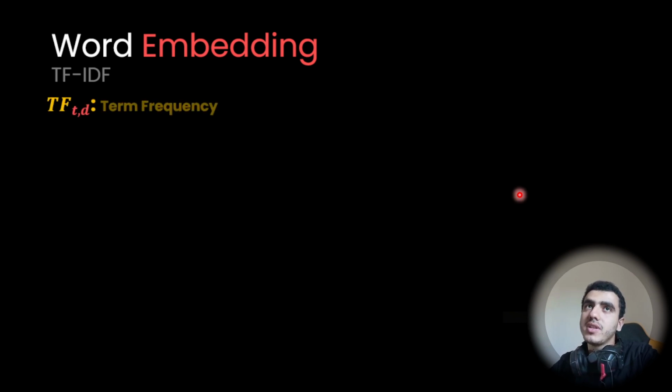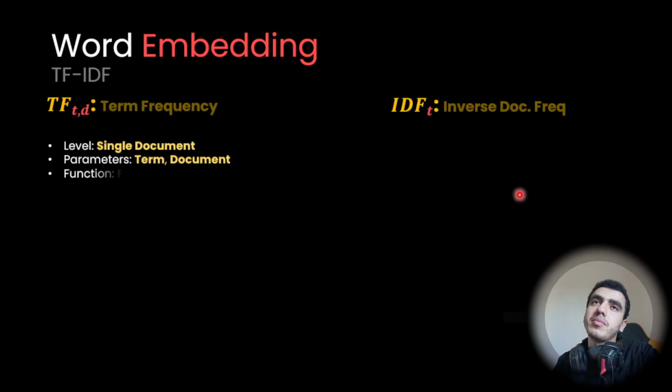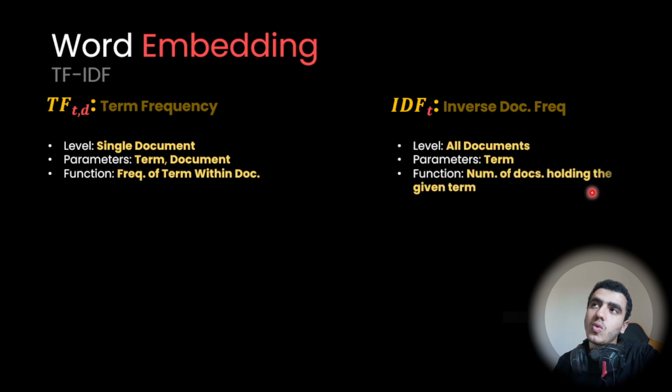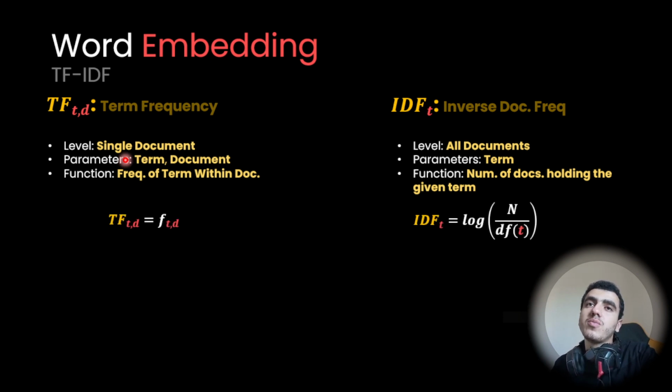So for example, here I have this simple comparison between the IDF, which is on the level of all documents, and the TF, which is on the level of a single document. The equation for both is pretty simple. Here I'm counting the frequency, and here I'm checking how many times this term exists across all the documents. So n is the total number of documents.